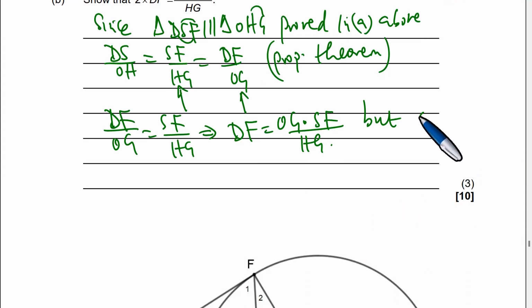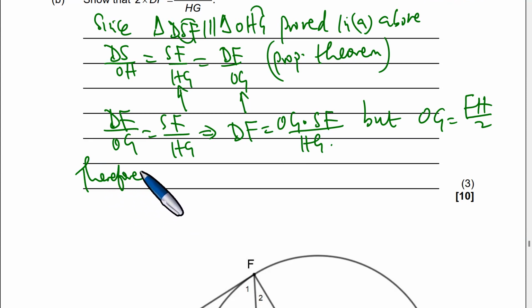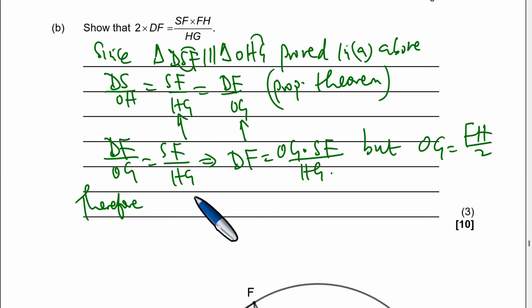But OG is FH divided by 2. Therefore, wherever you have OG, 2 times DF is actually SF, which is this one, multiplied by FH, because half FH is OG.